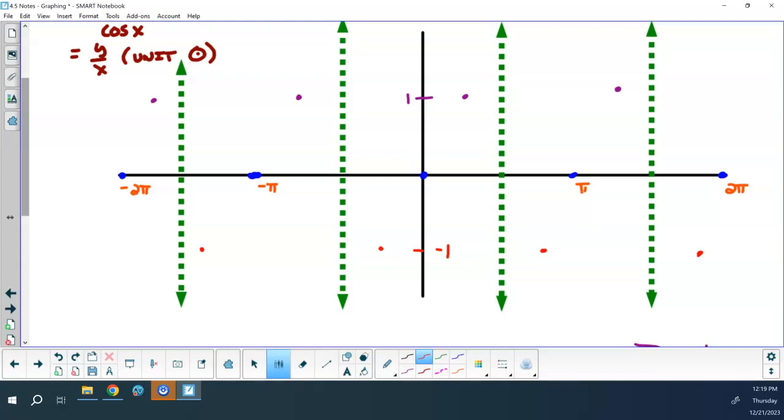Eddie, what do you think? Do we have enough points to make graphs in our 4 zones? I think we do too. I personally think that they're going to look like this. You tell me if you think the same.